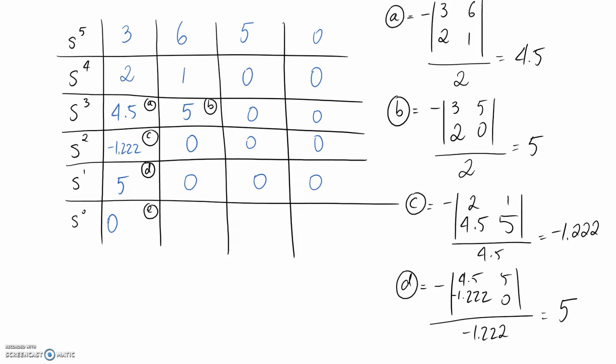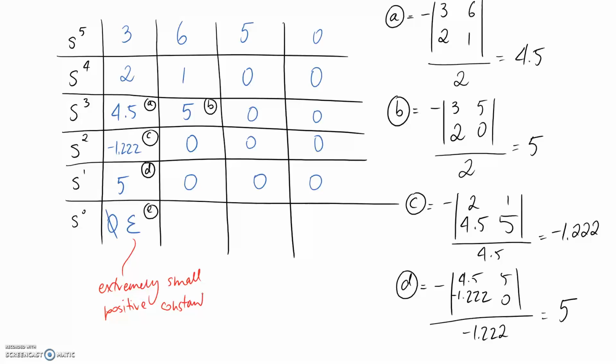Now, we've actually come across a special case here, because when we get a 0 in this left-hand column, what we need to do is cross it out and replace it with a very small constant, which we're calling epsilon. So it's an extremely small positive constant.